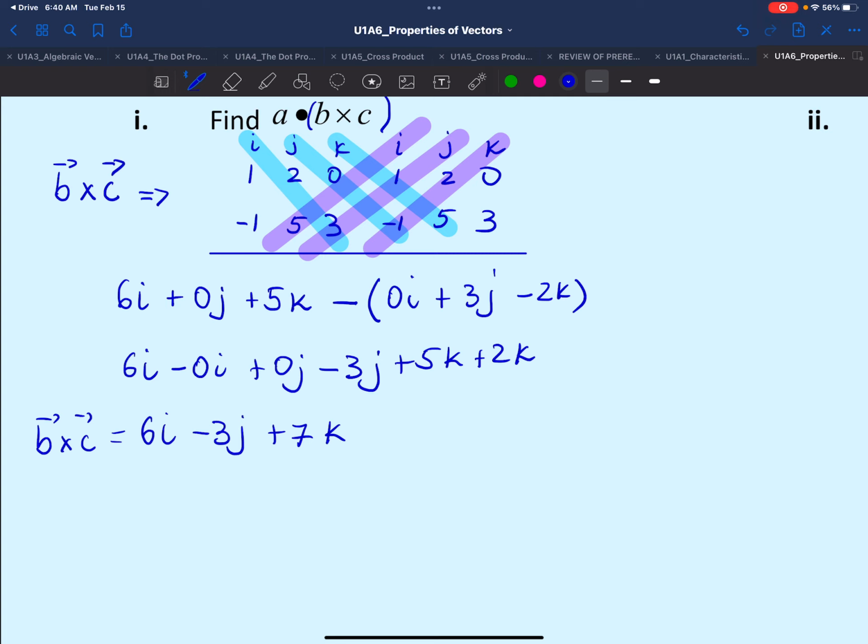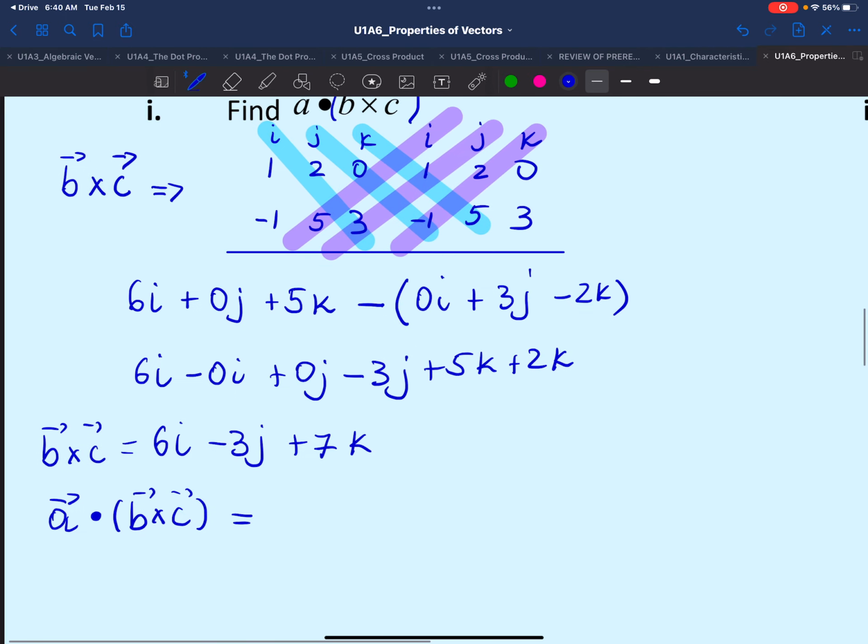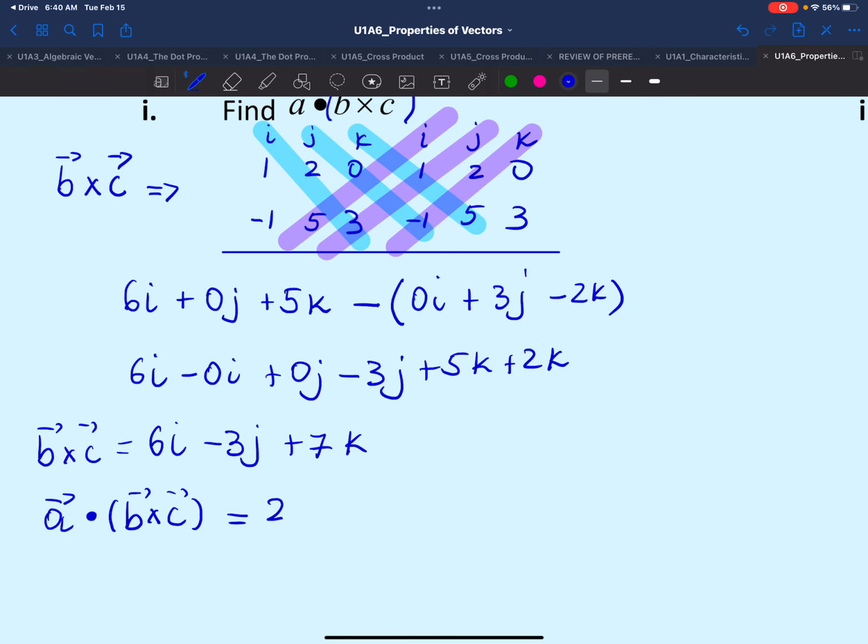And now we have to dot product it with A. So we'll say A dot B cross C equals, vector A is 2, 1, 1. B cross C is 6, negative 3, 7.